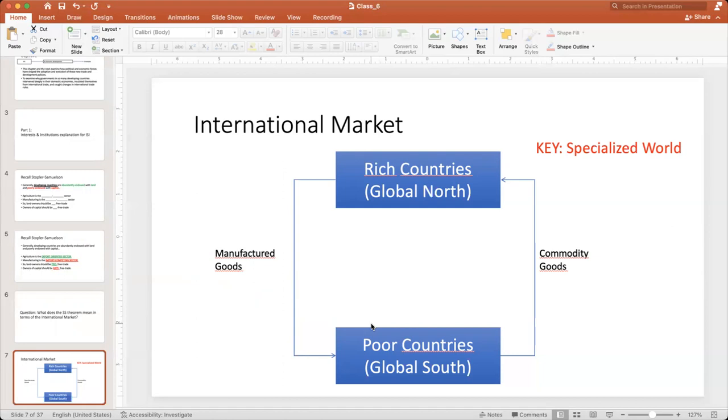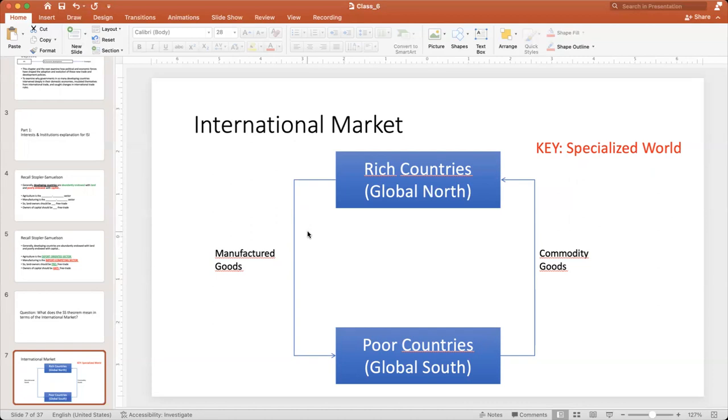So the global north, which are all the rich countries located in the north part of the world, will produce manufactures because they have more capital in comparison to land or labor. And the poor countries, the global south, which are all countries in the south part of the world, should specialize in producing agricultural or commodity goods, and they will import manufactured goods from the global north.